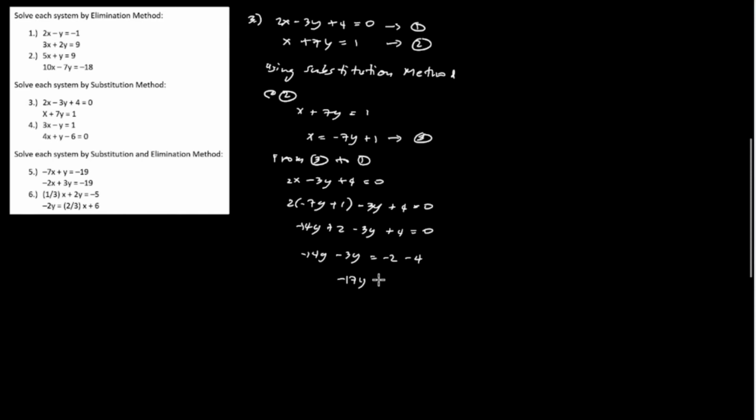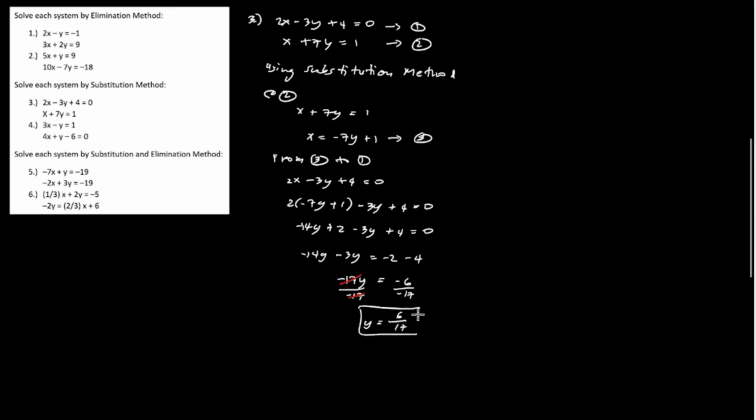Negative 17y is equal to negative 2 minus 4 is negative 6. And divide everything by negative 17 and negative 17, and cancel out negative 17 and negative 17. So y is equal to, negative over negative is positive, so 6 over 17.